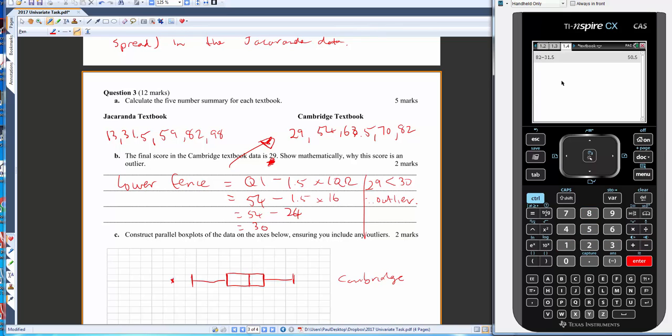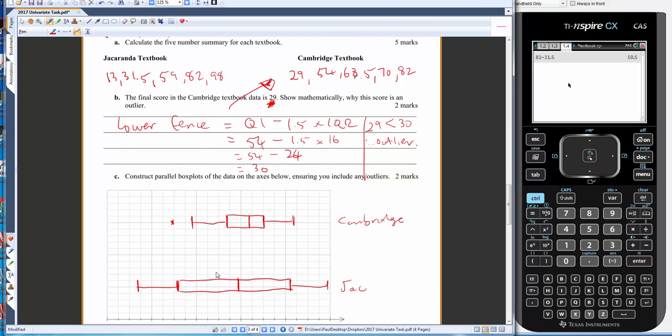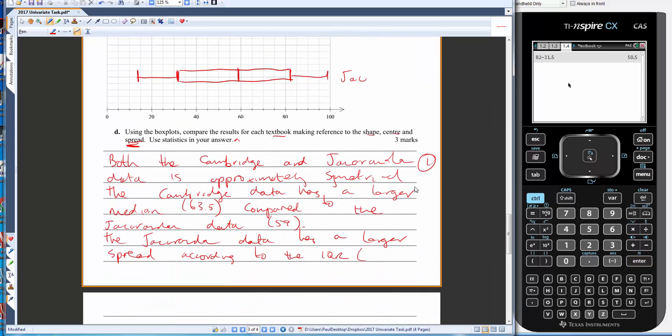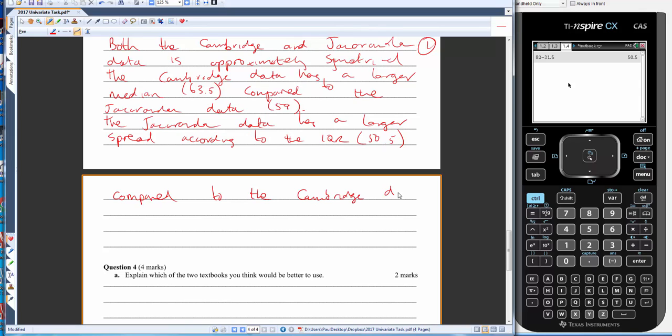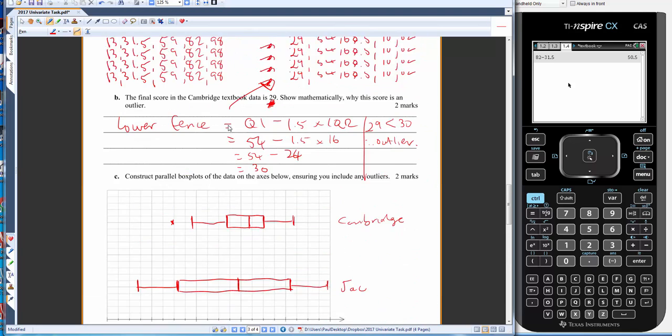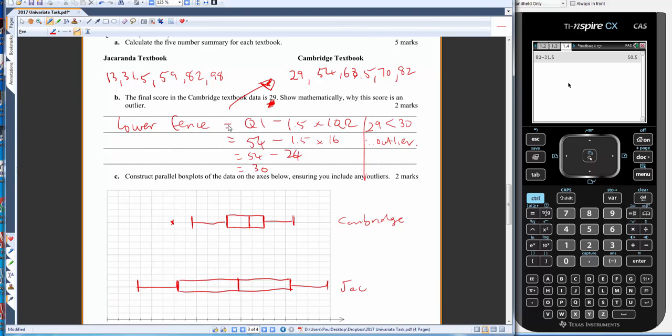I should be better at my decimals than this, but so that data there is 50.5. Let's spill over to the next page. Compared to the Cambridge data, which I think was from memory, let's just check it out, I did it up here, it was 16.